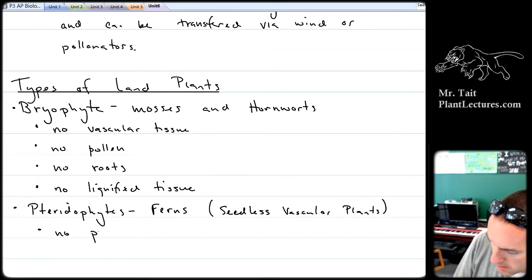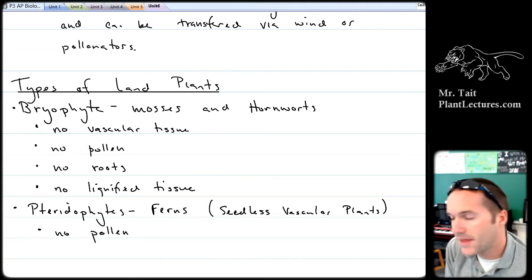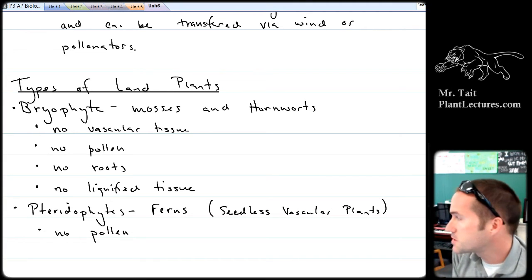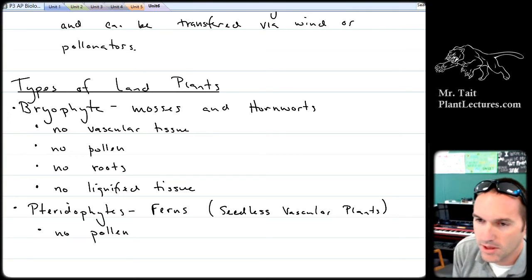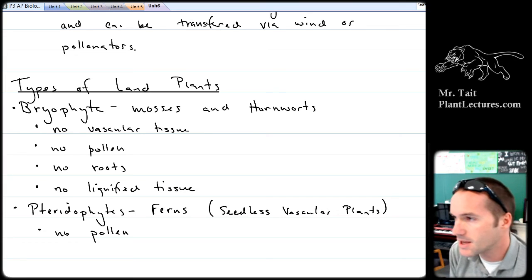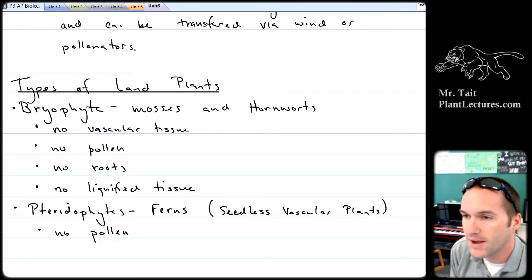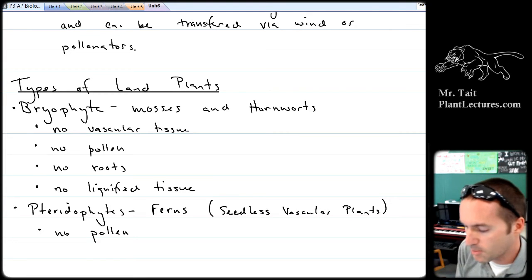They have no pollen. They don't produce seeds. The way that they disperse is via their spore stage. And so when we talk about alternation of generations, the sporophytes and the gametophytes, the sporophyte here is going to be the important part. The sporophyte is going to disperse the spores, and the gametophytes are smaller.